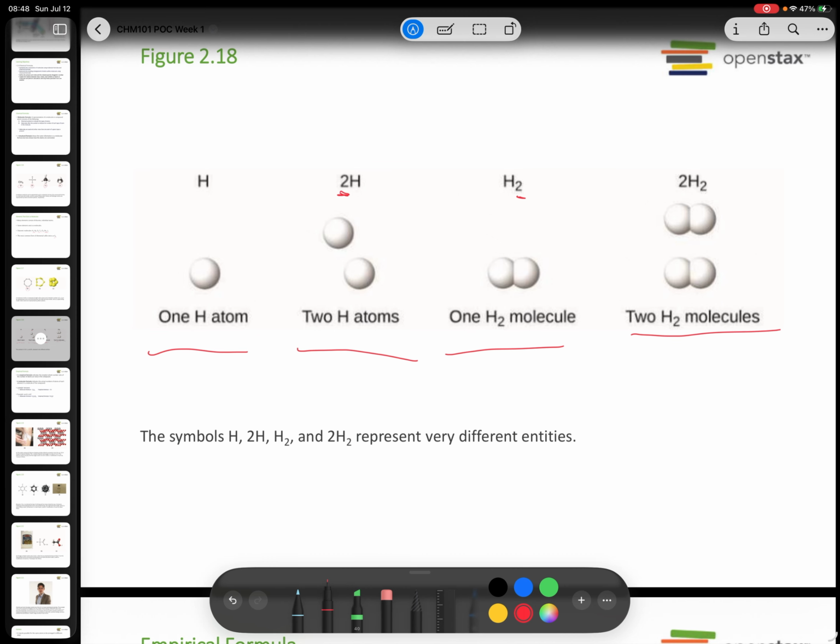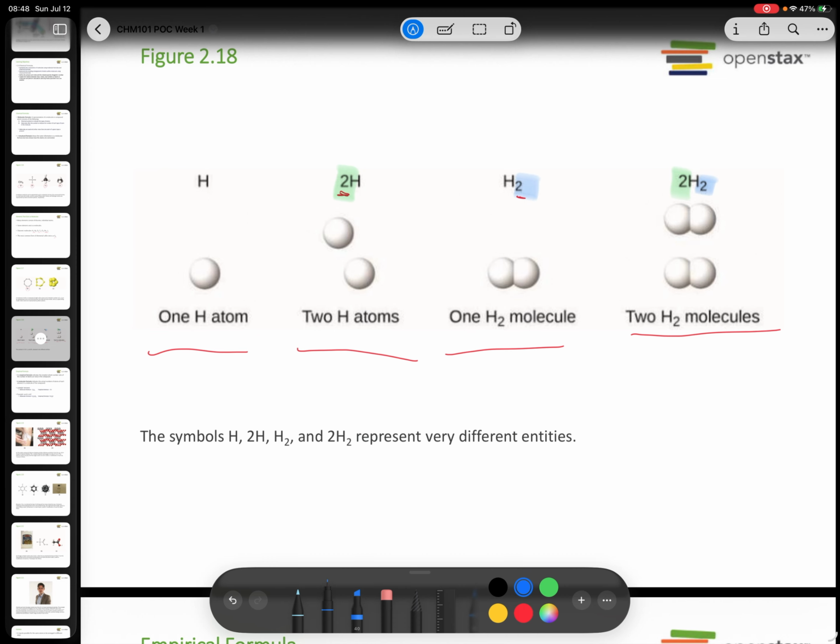So, the coefficient is the number in front. The coefficient tells us how many units we have. Then the subscript tells us how many atoms are inside one unit. Okay?